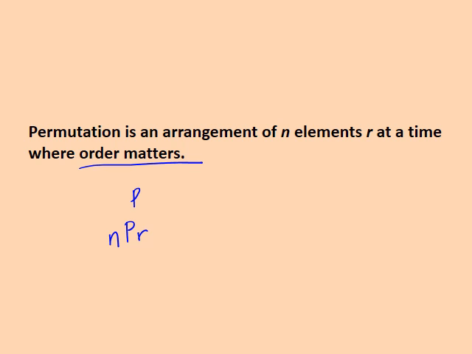The formula for nPr is nPr equals n factorial divided by n minus r factorial. There's also a button that represents this on a calculator, or you can use slots for permutations.